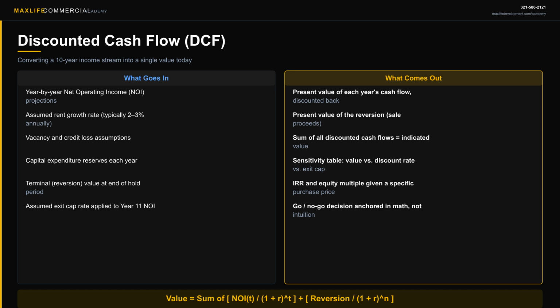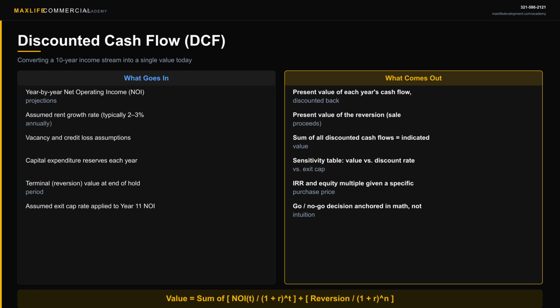Now the output side. You take each year's cash flow and discount it back to today's dollars using your required rate of return. You discount the reversion the same way. Add up every discounted cash flow plus the discounted sale proceeds, and you get the indicated value, the maximum you can pay today and still hit your target return.